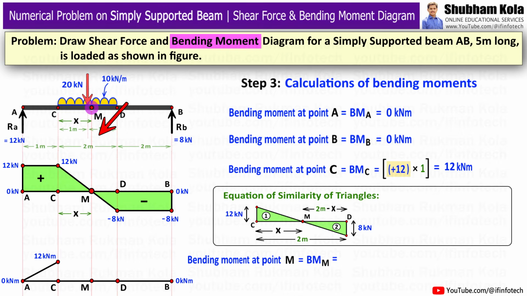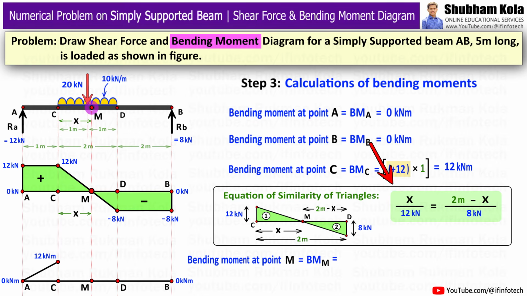Because here we know the distance CD, that is 2 meter. And here the values of shear forces are considered as heights of triangles. Therefore, for the first triangle, the height is 12 and base is x, and for the second triangle, the height is 8 and base is 2 minus x.